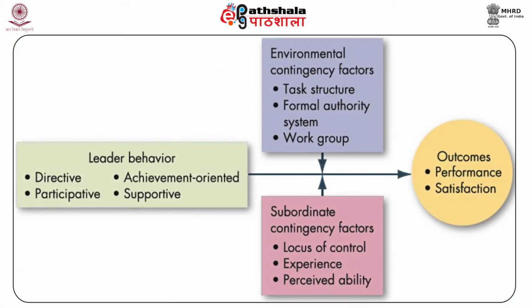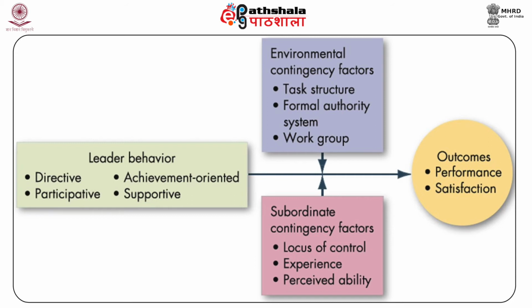Therefore, the 2 major roles of the leader are to create a goal orientation and to improve the path towards the goal so as to facilitate attainment of goals. The path-goal theory outlines 2 types of situational or contingency variables.